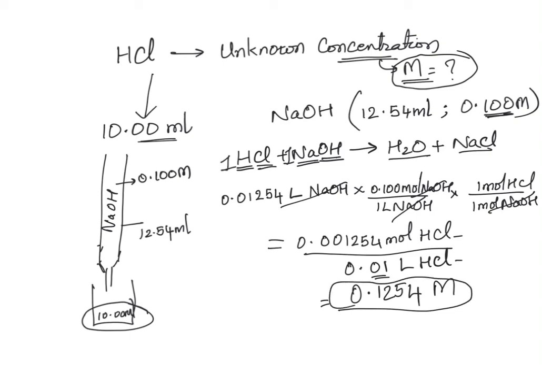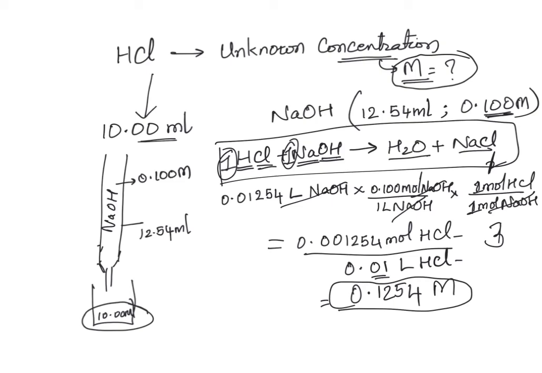Now remember, writing this reaction is very crucial. We know that it's a 1:1 ratio. What if this was a 2:1 ratio? Then you would have to place 2 here and 1 here. What if it was a 1:3 ratio? Then you will be placing a 1 here and a 3 here. So writing this reaction is very crucial in such cases.